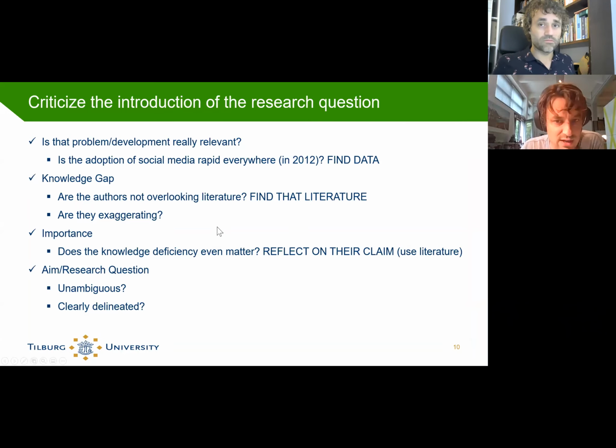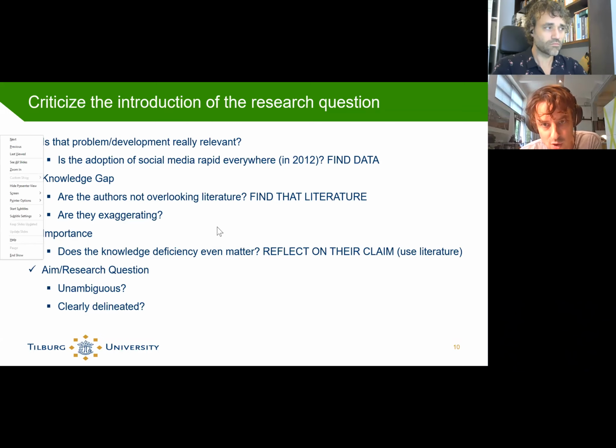Those are really the types of questions that we want you to ask in the first part of the paper. So criticize that research question, each of those four elements, and don't just do that. For example, if you want to reflect on the urgency of that problem, you can look up some data. Was the adoption of social media in 2012 rapid everywhere in all organizations?